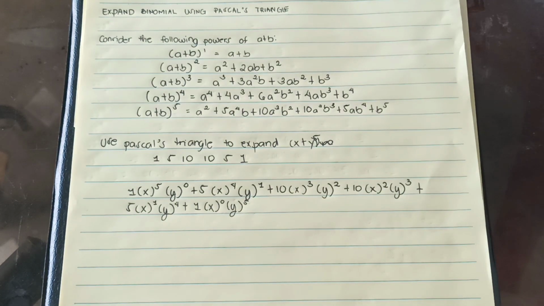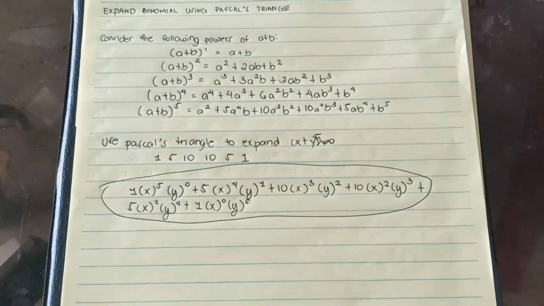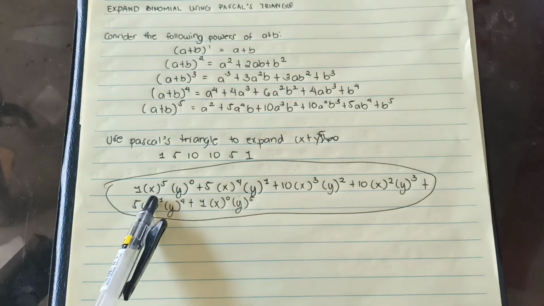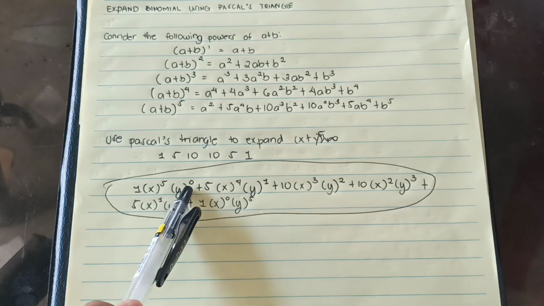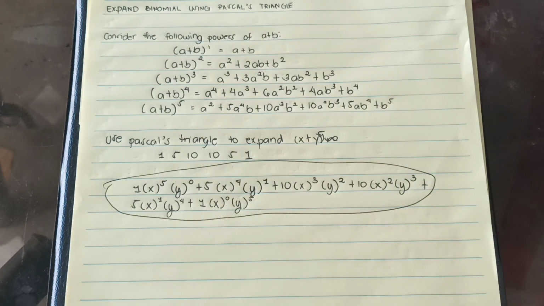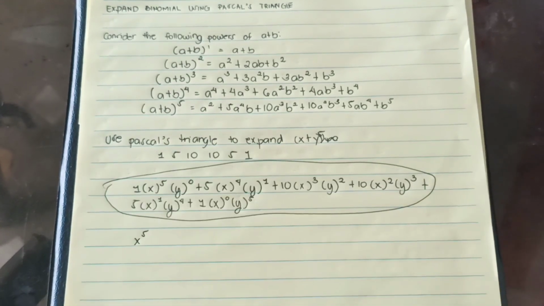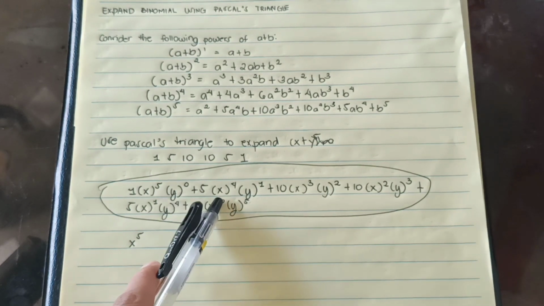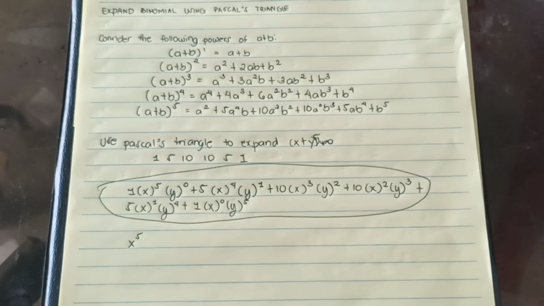Okay, then let's simplify this. So 1 times x raised to 5 times y raised to 0, this is equals to x raised to 5. Plus 5 times x raised to 4 times y raised to 1.